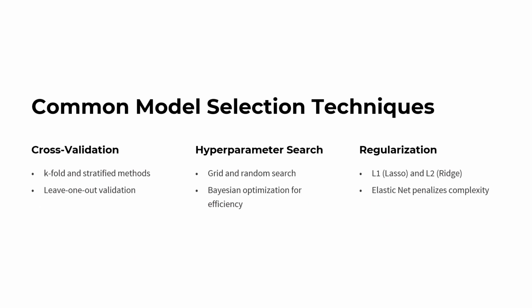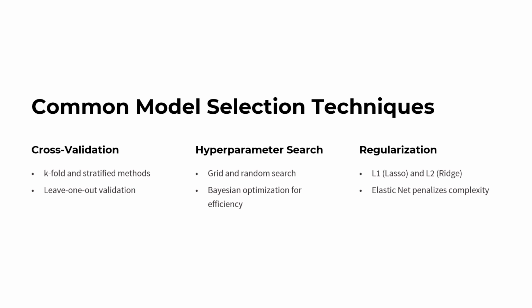Now that we know why model selection is important, let's look at how we actually do it. First, we use cross validation. This means testing the model on different chunks of data to make sure it works well overall. Then we tune the model settings with techniques like grid search or Bayesian optimization to get the best results.